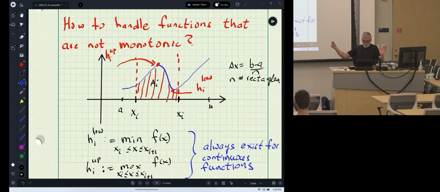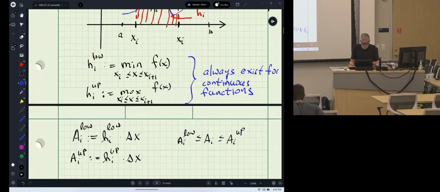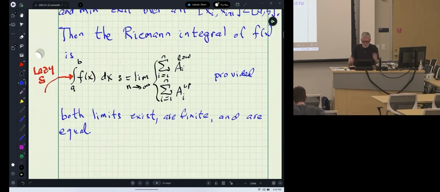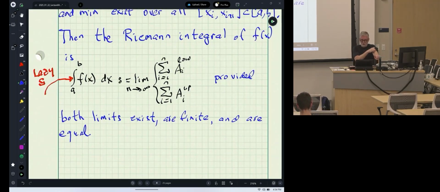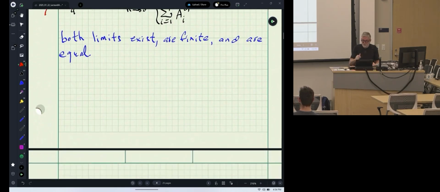We have upper bounds and lower bounds. If they both agree and give the same number, then we have a definition for the area, and that's what we're defining to be the Riemann integral.